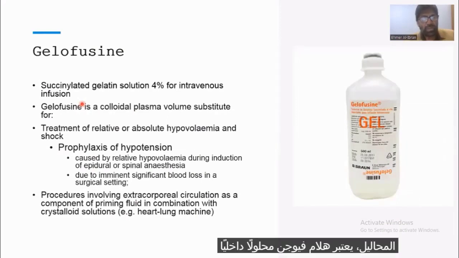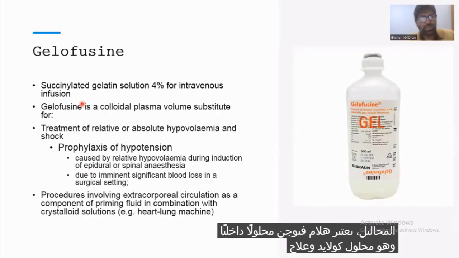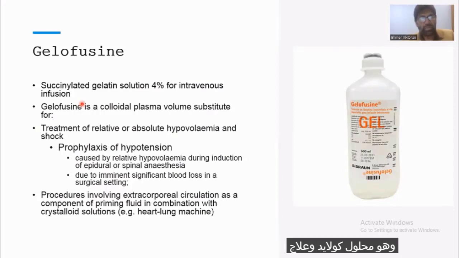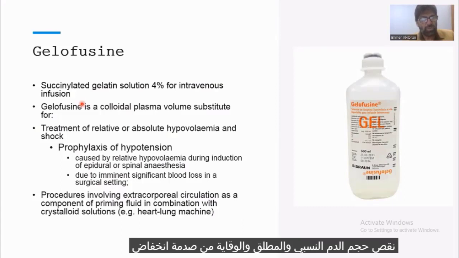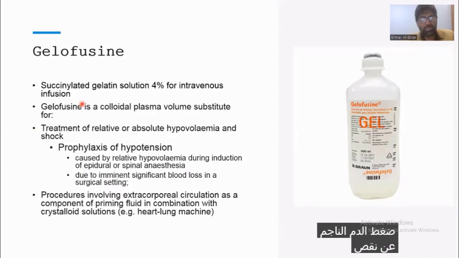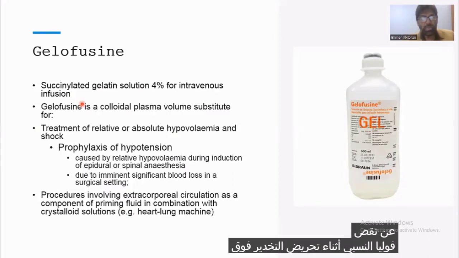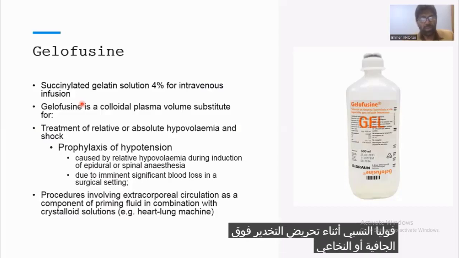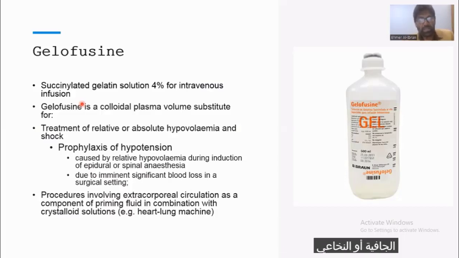Gelofusine is an intravenous colloid solution used in the treatment of relative and absolute hypovolemia and shock, and for prophylaxis of hypotension caused by relative hypovolemia during induction of epidural or spinal anesthesia, or due to imminent significant blood loss.